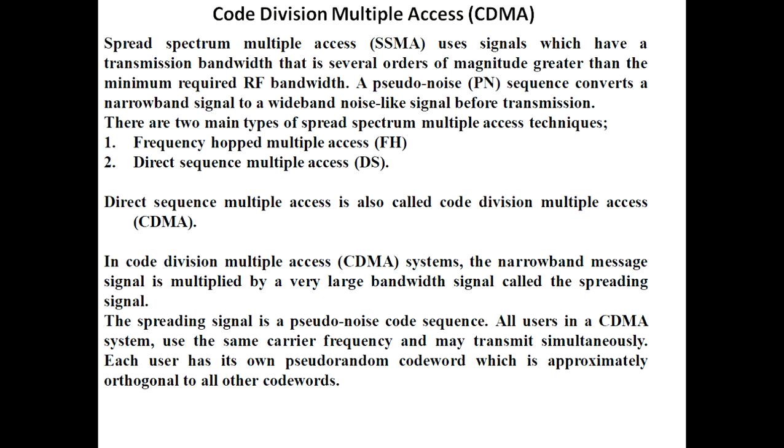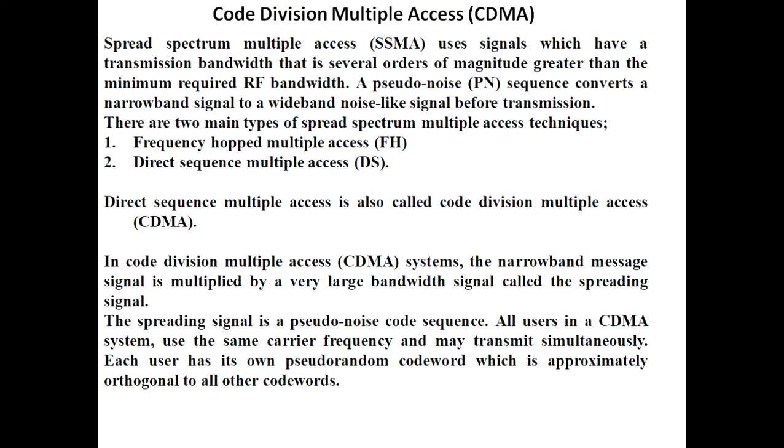Here we have two different techniques, FH and DS, which are frequency hopping and direct sequence. Of these, direct sequence multiple access is called CDMA, which is code division multiple access, where the narrowband message signal, that is the original information to be transmitted, is multiplied by a very large bandwidth signal, which is called the PN sequence or the spreading signal.